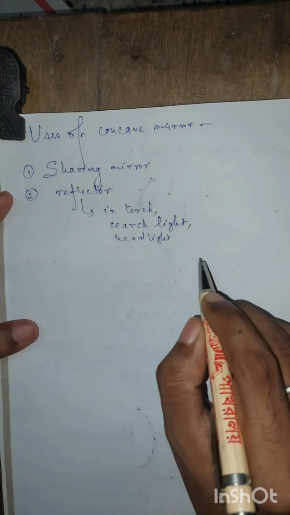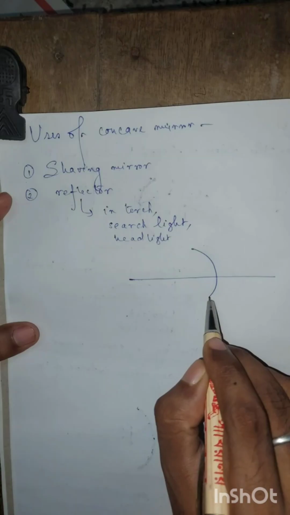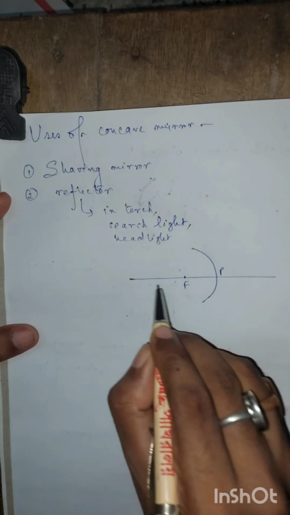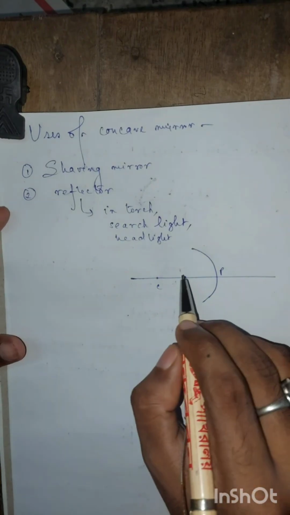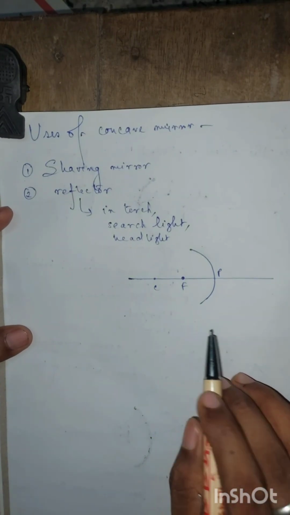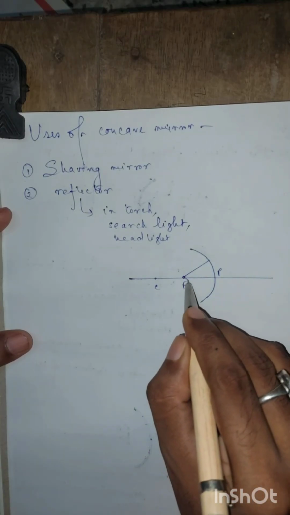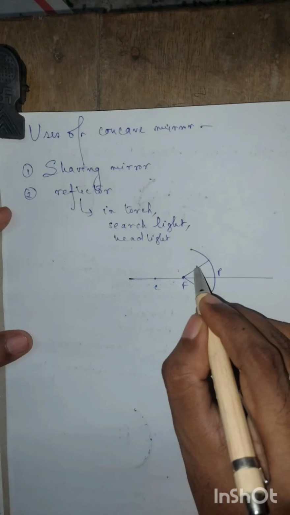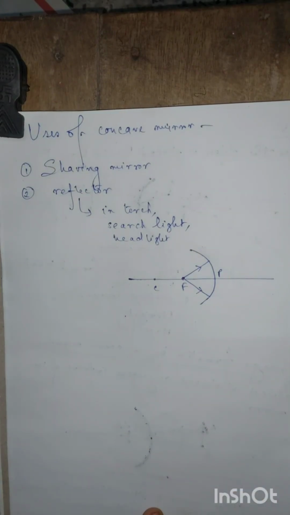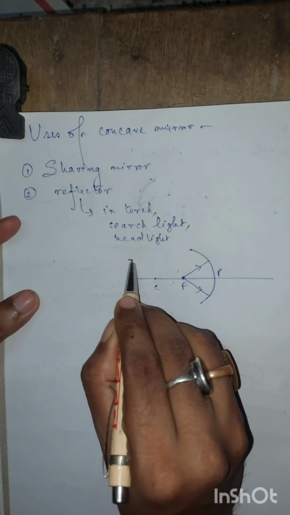Okay, so in this case, if we draw the diagram, this is our concave mirror, this is our pole, this is our focus, this is our center of curvature. So the source of light is placed here at focus. So when light rays strike the mirror, they become parallel to the principal axis.